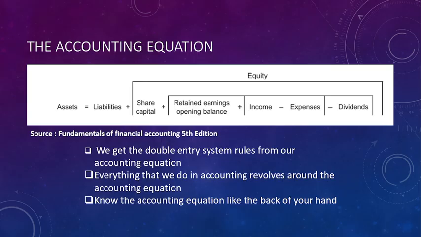Let me just give a simple definition of the rest of those points. So when we're looking at share capital, in a simple way, it's the investment that is made by shareholders in exchange for ownership, or the amount that is put into the company by the owner.